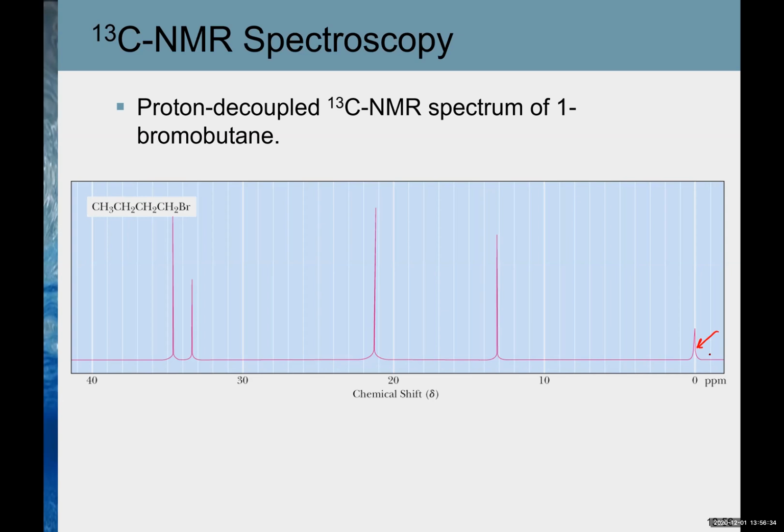Again, the zero is the TMS signal. The interesting thing is that most of the carbons will not be equivalent to each other. So by just looking at the peaks, many times we can tell how many carbons are there. In this one, there are 4 carbons and none of them are equivalent, so 4 signals. Interpretation of C13 is quite simple.